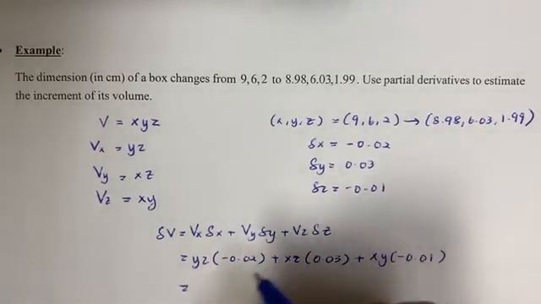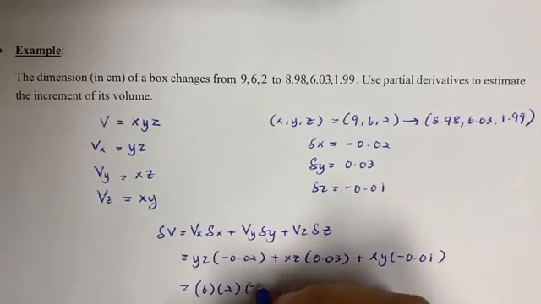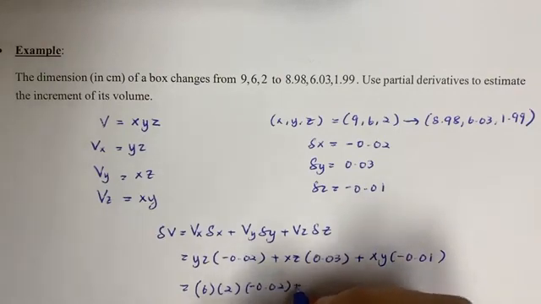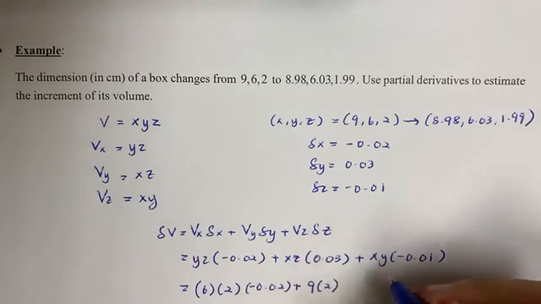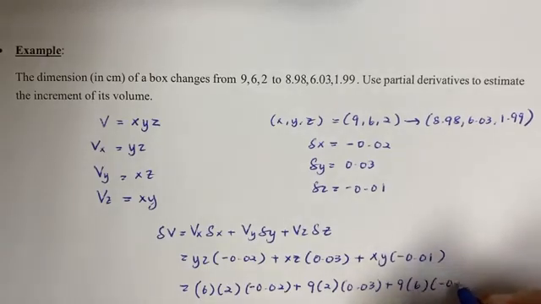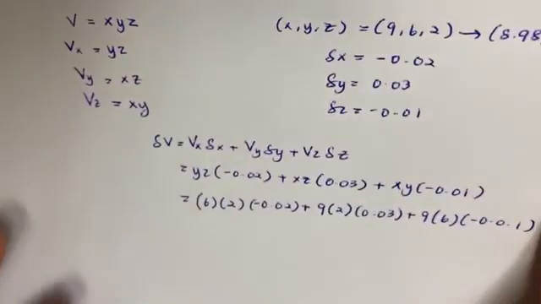Okay, so from this you can substitute 6 multiplied by 2 multiplied by negative 0.02 plus 9 multiplied by 2 multiplied by 0.03 plus 9 multiplied by 6 multiplied by negative 0.01. Then use the calculator.